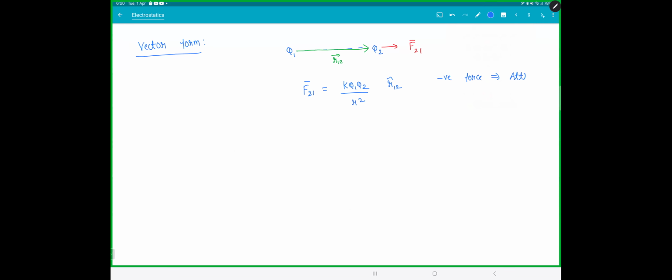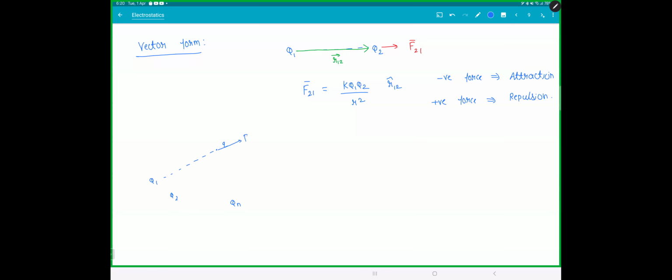So while drawing the FBD, you can draw the direction and you can use the formula only for magnitude. Positive force indicates repulsion. And if you have multiple charges, let's say Q1, Q2, so on till Qn.